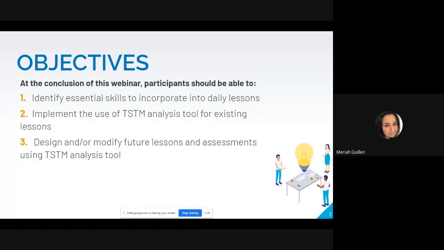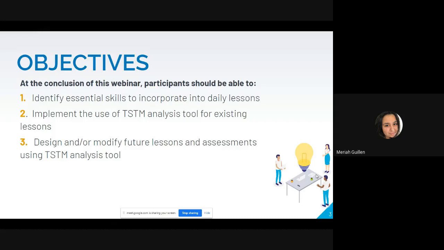All right, so some quick objectives. At the end of this webinar, you should be able to identify the essential skills in order to incorporate them into daily lessons, implement the use of the TSTM analysis tool for existing lessons, and design or modify future lessons and assessments using the TSTM analysis tool.